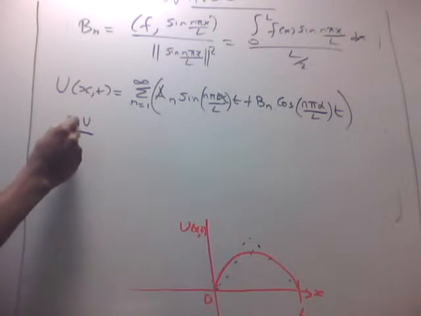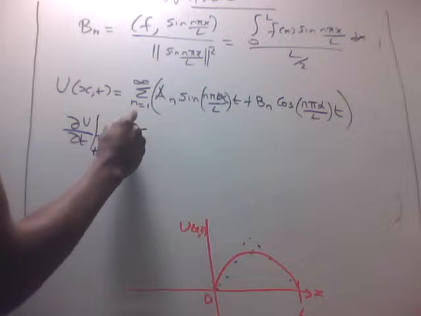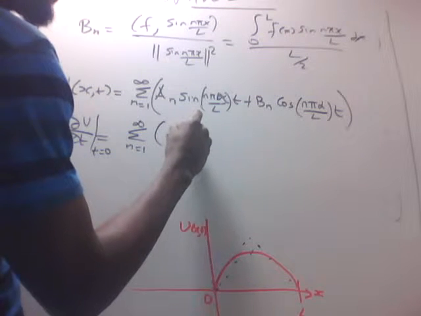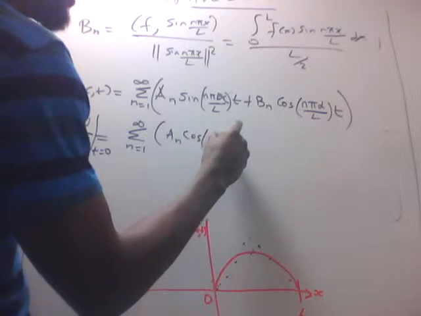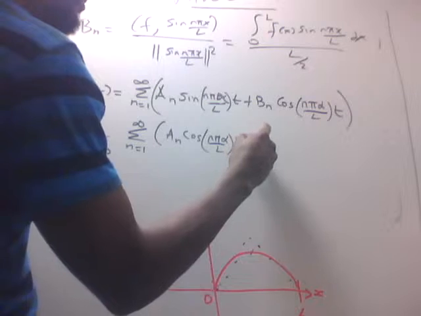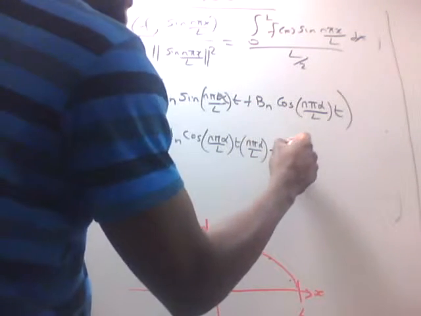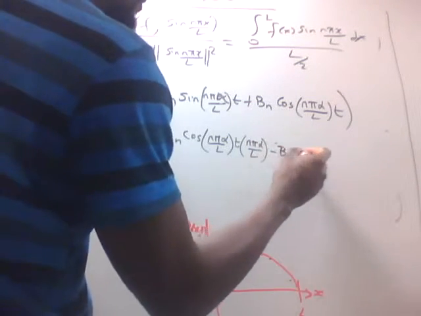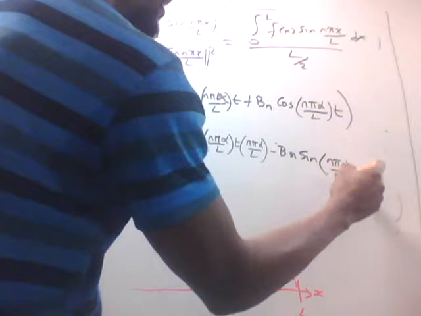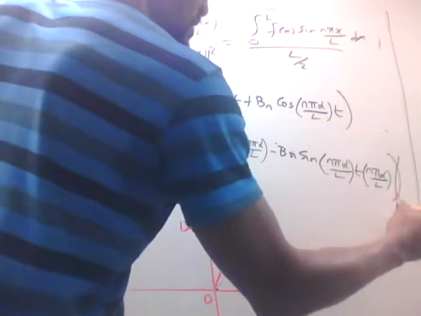So if I find the first derivative of that with respect to time, and evaluate this at t equals 0, I get the sum from n equals 1 of an cosine n pi alpha over L t times n pi alpha over L, plus bn, or minus, because the derivative of cosine is minus sine, n pi alpha over L t times n pi alpha over L, evaluated at t equals 0.